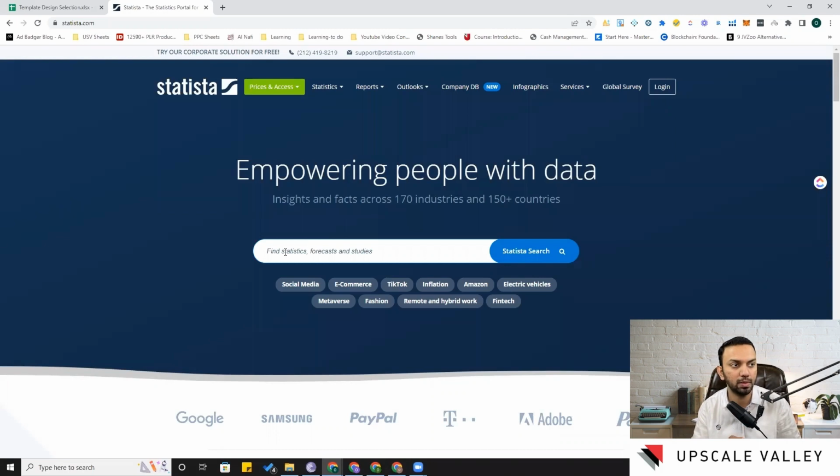But it's possible that you find some data points, reports, insights, or facts on the Statista site, and sometimes you may not find anything. So you need to keep changing the keywords or search terms and keep checking.